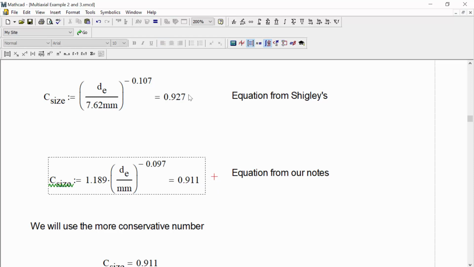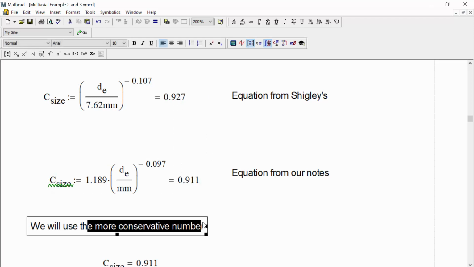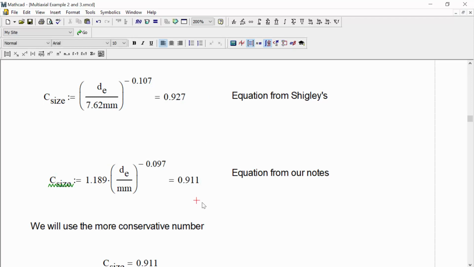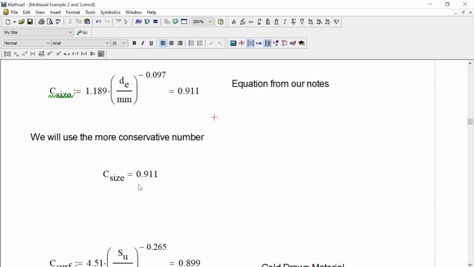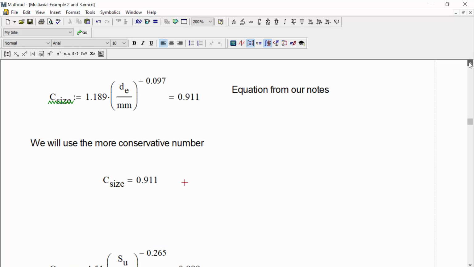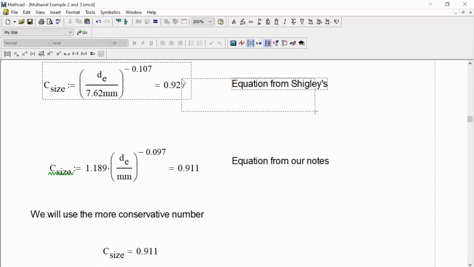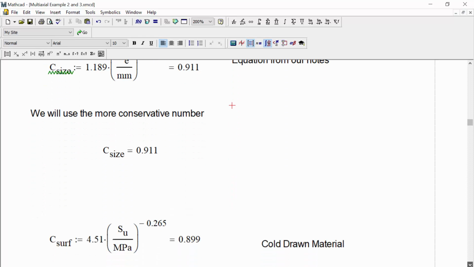So the question becomes, which of these two should we use? We will use the more conservative number, meaning the number that is smaller, that's going to reduce our endurance limit the most. It's going to have the most impact on the endurance limit. So we'll choose the second one. So our C size is going to be 0.911. However, if you chose the other one, if you went with the Shigley's equation, that's just another option. So again, this is where some of the subjectivity in our answers comes into play.